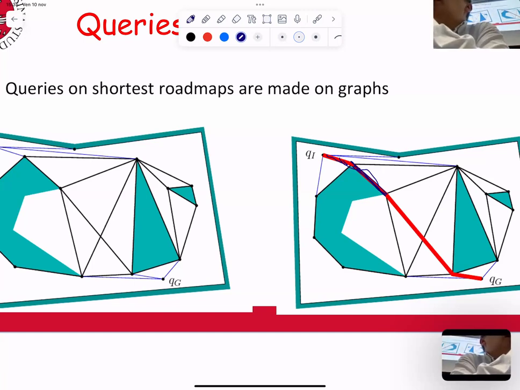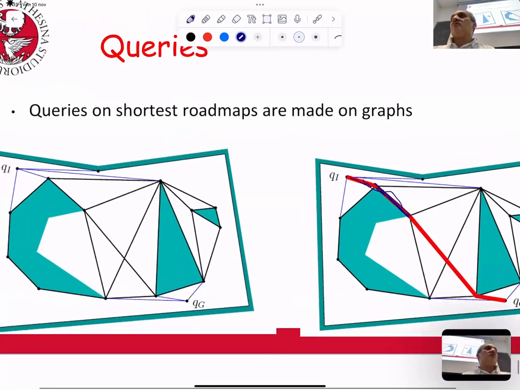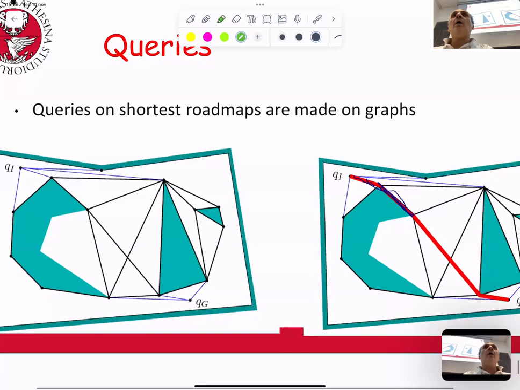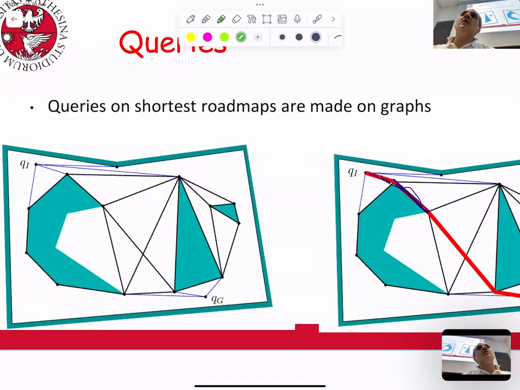Clearly this is much easier in terms of algorithm, to create a roadmap like this than to create a Voronoi diagram. It's much more computationally effective. So this solution here is something that can be taken into consideration for two reasons.